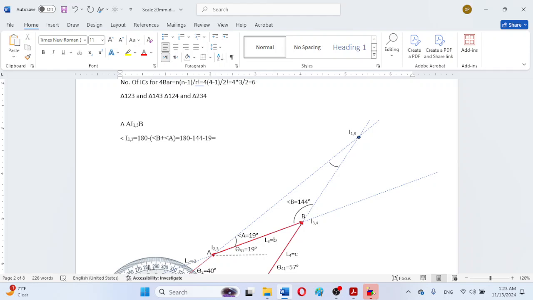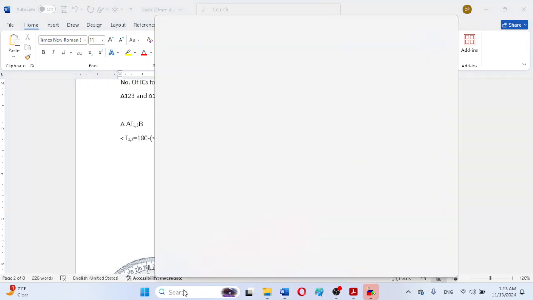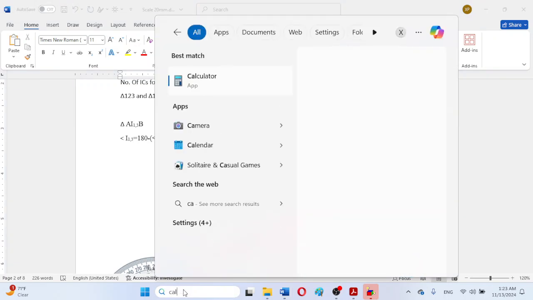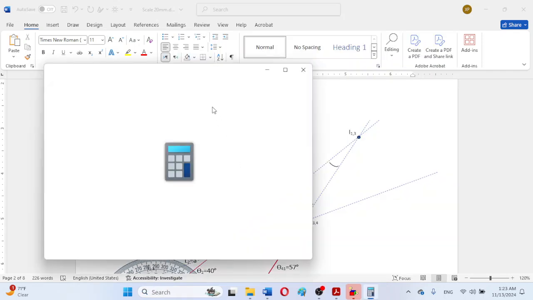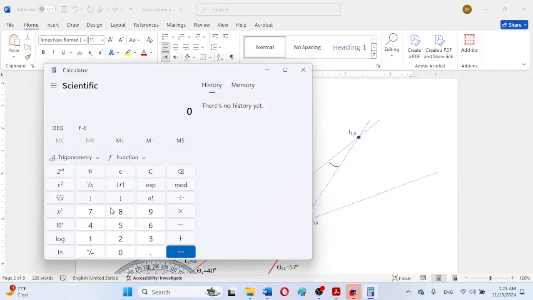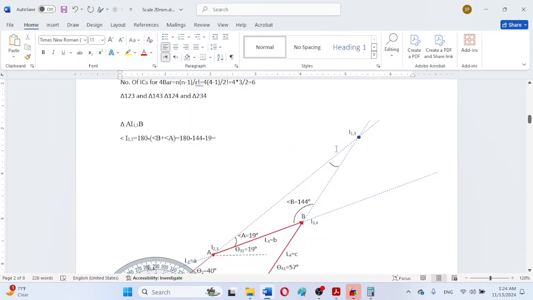So the result here: 180 degrees minus 144 minus 19 comes to 17 degrees approximately.